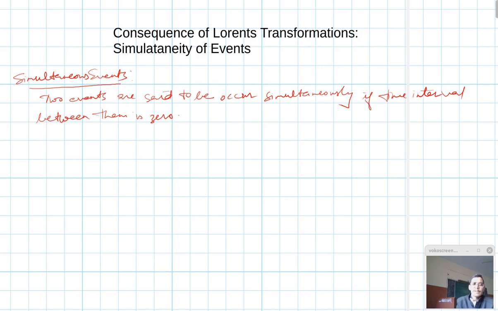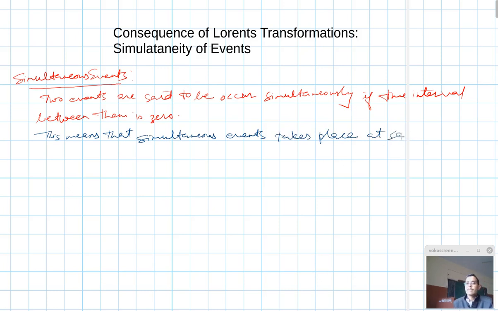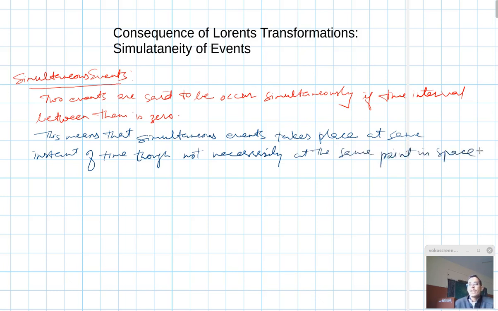So this means that simultaneous events take place at the same instant of time, though not necessarily at the same point in space. Let us try to understand that. What does it mean?